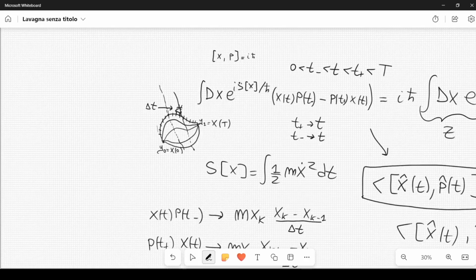It would be easier to motivate it if you didn't have this factor i here, and you would have something like e to the minus S of x divided by h bar. In this case, the complex exponential becomes a real exponential, which decays very fast. But something analogous happens, or actually should happen, also if you consider such a function.